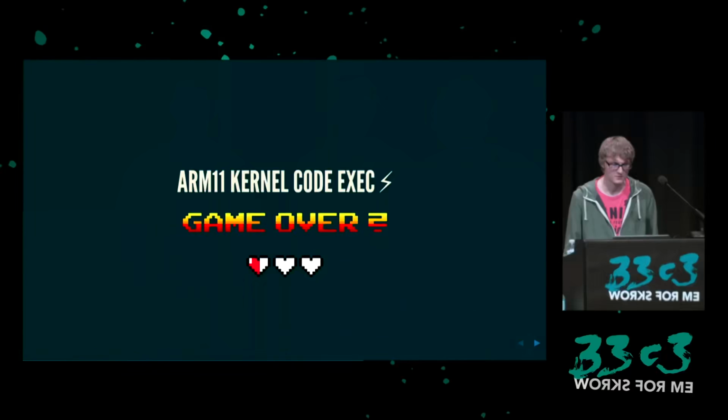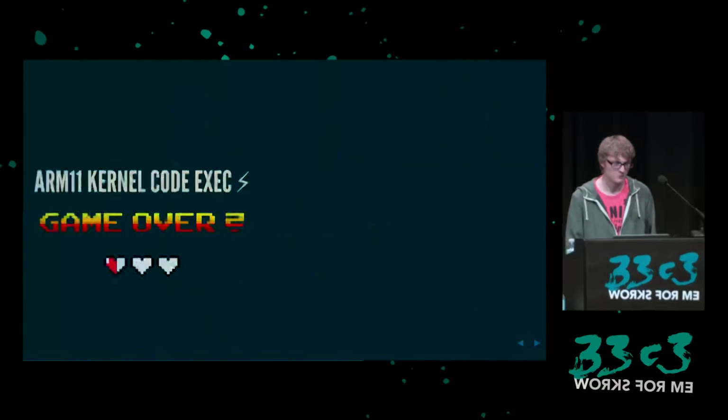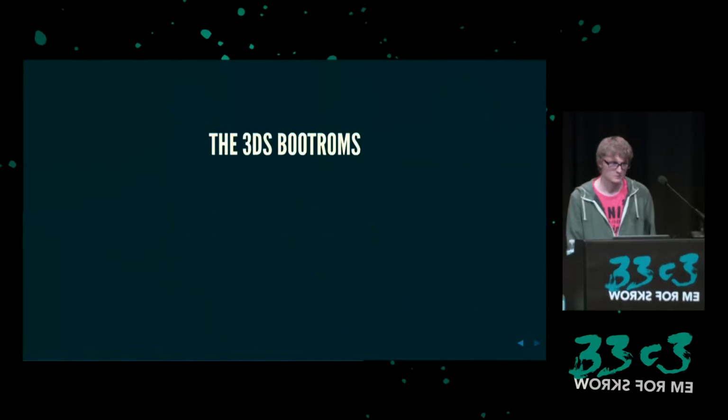So we have broken several parts of the 3DS firmware, including the 3DS kernel and all the software that is running on the security processor. What we haven't looked at yet are the 3DS boot ROMs. Basically, there's one boot ROM for each processor, for the ARM11 and for the ARM9.